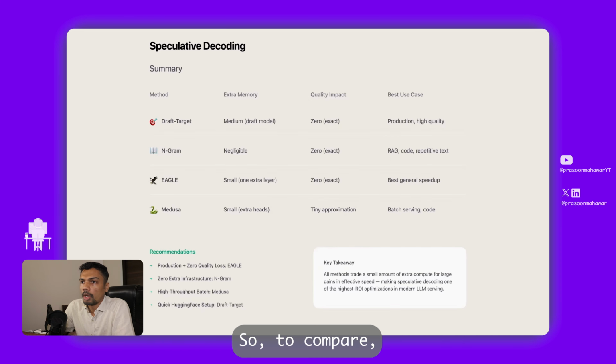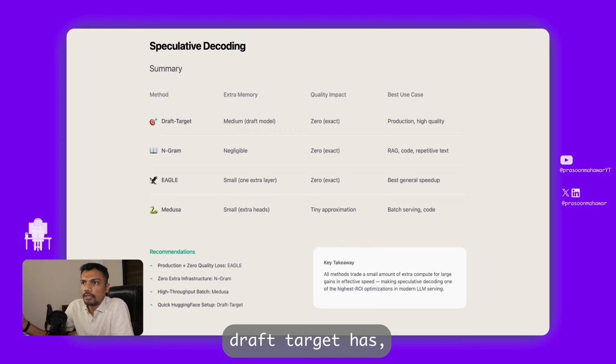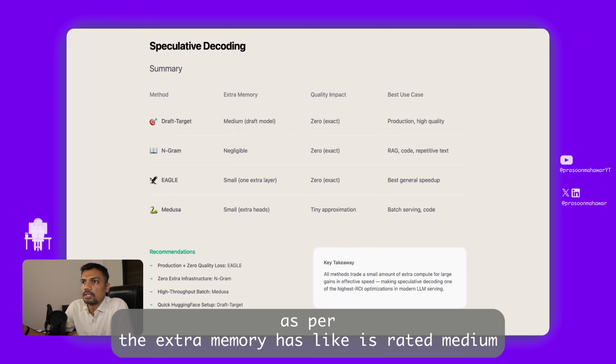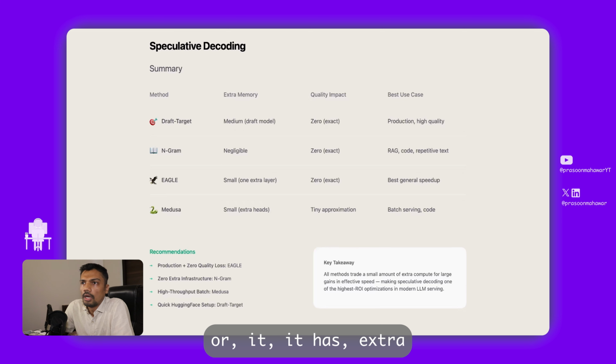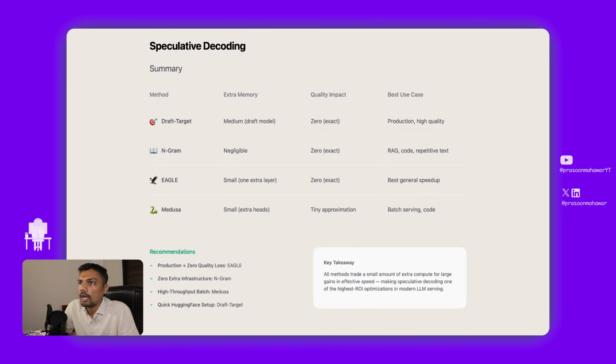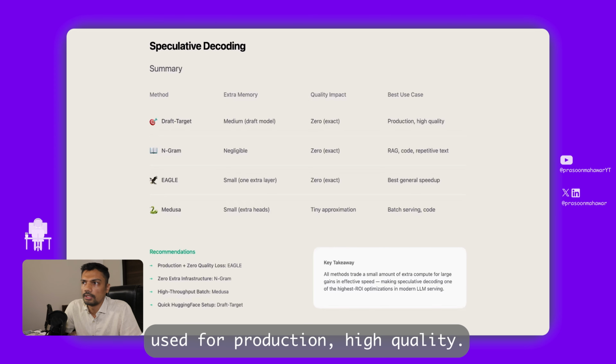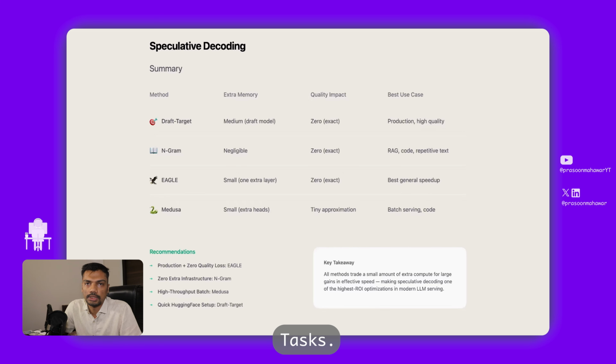So to compare these, draft target has extra memory rated medium, since it trains two models, a small and fast one. The quality impact is 0, and it is best used for production high-quality tasks.